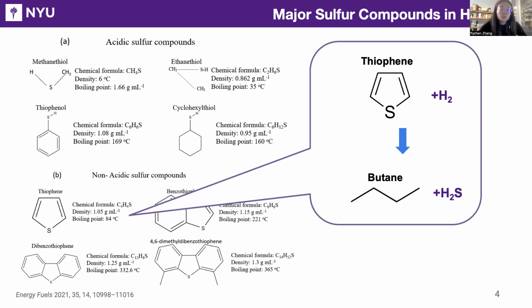In our study, we are using thiophene conversion as a model HDS reaction because these compounds are abundant in crude oil. This reaction usually requires high temperature and pressure, so we need an HDS reactor to handle those harsh conditions.